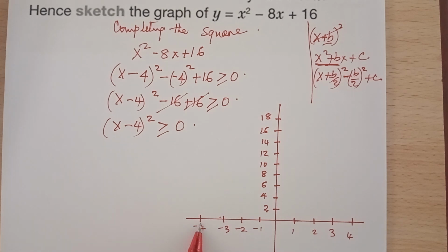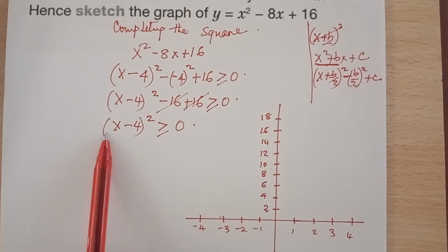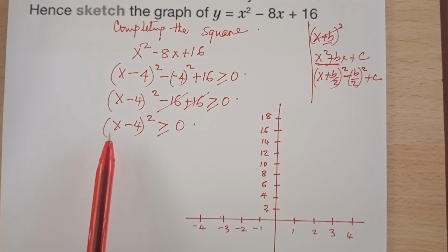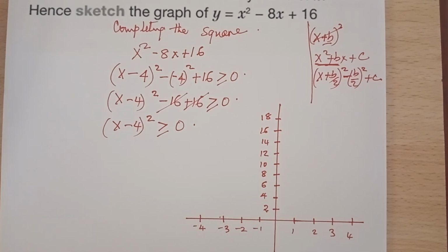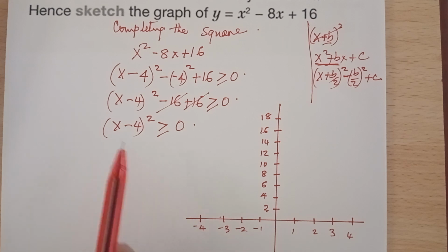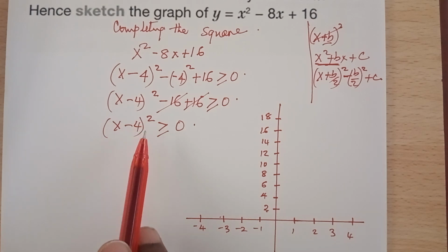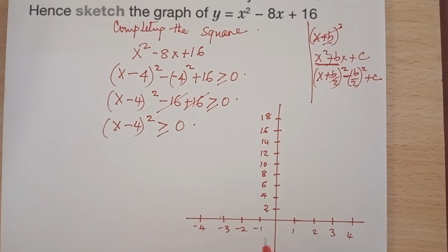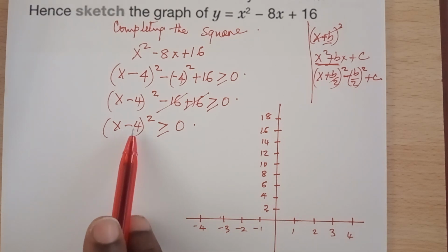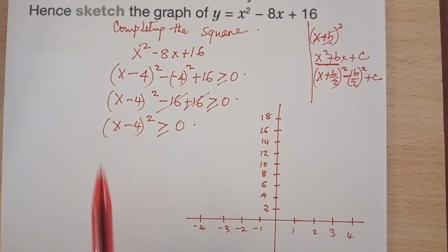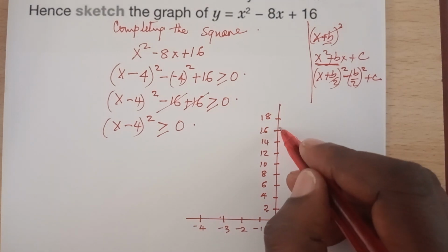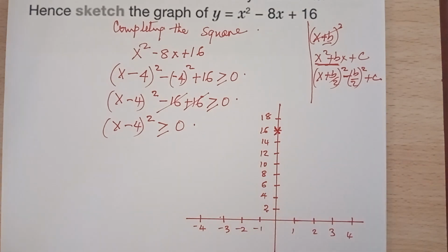So when x is minus 4, minus 4 minus 4 is minus 8, squared is 64. When x is 0, 0 minus 4 is minus 4, and minus 4 squared is 16 itself. That is the point we are talking about. When x is 4, 4 minus 4 is 0, and that is exactly the point we are talking about.